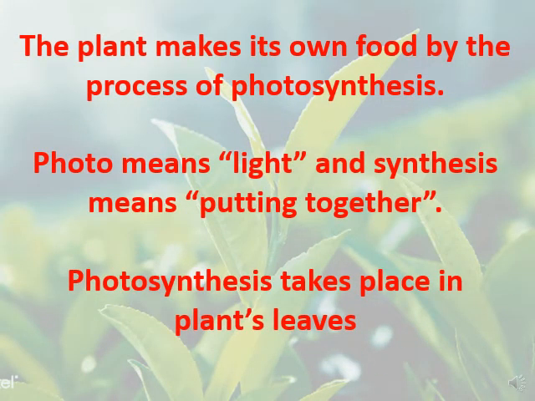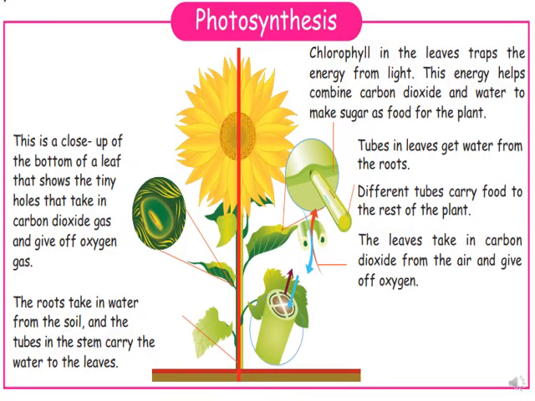So the plant makes its own food by the process of photosynthesis. Photo means light. Synthesis means putting it together. This process takes place in the leaves of the plant. You have to know that chlorophyll is very important. Chlorophyll in the leaves traps the energy from the light.